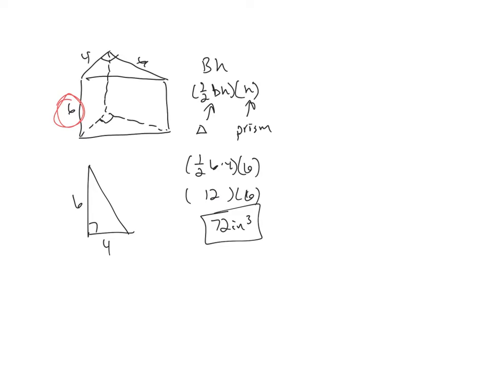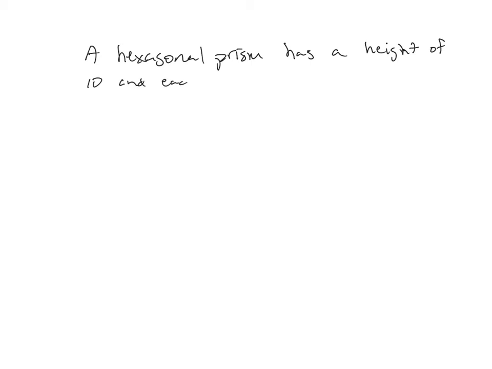Okay, so let's do one that's kind of a harder one. You'll have a couple problems where, number one, they just list stuff out. So let's say it says a hexagonal prism has a height of 10 and each edge of the base is 8 inches.